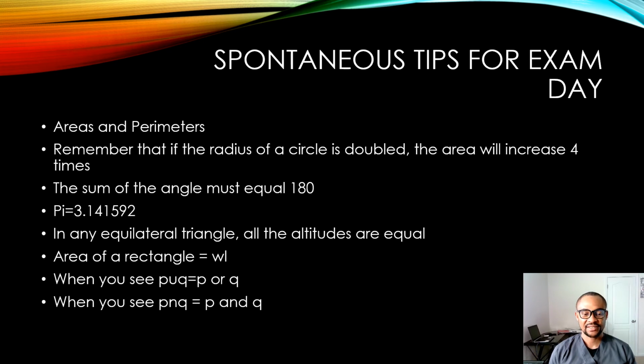Do not forget this. If you are solving a problem under areas and perimeter, and the radius of a circle is doubled, the area will increase 4 times. So when you're choosing your answer, be careful about this.